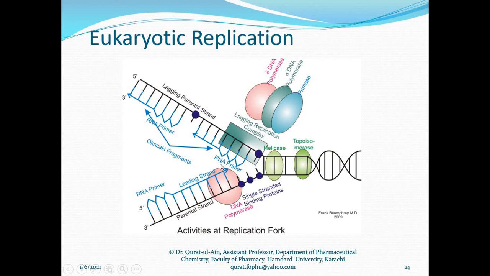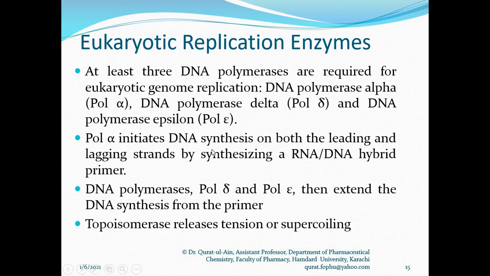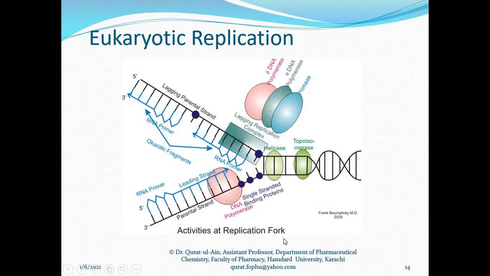After that, a short primer would be synthesized on the template strand by the enzyme primase, and after that DNA polymerase alpha would start to synthesize DNA from this small RNA primer.